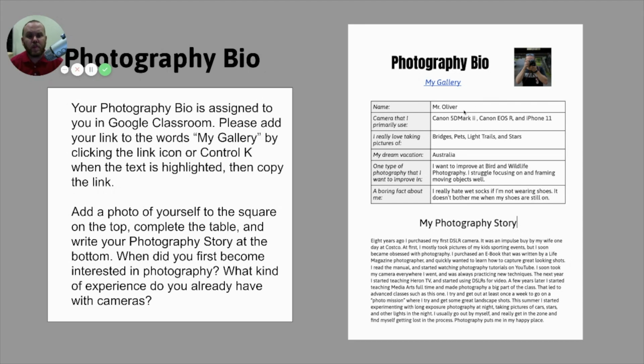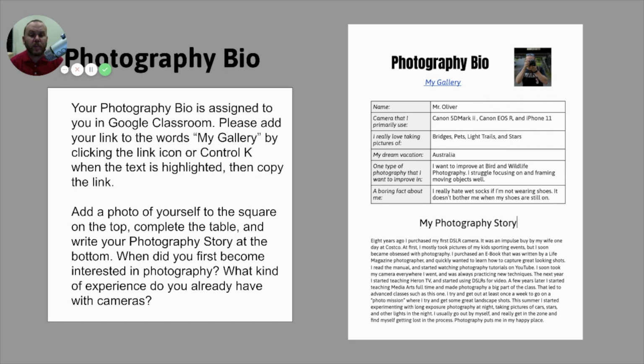So you put in your name and the cameras that you primarily use. My personal camera is a Canon 5D Mark II. My school camera is a Canon EOS R, and I also use an iPhone 11 for pictures. I really love taking pictures of bridges, pets, light trails, and stars. My dream vacation is to Australia.